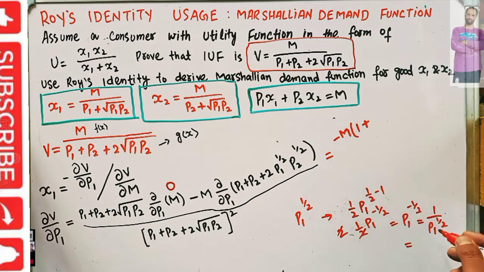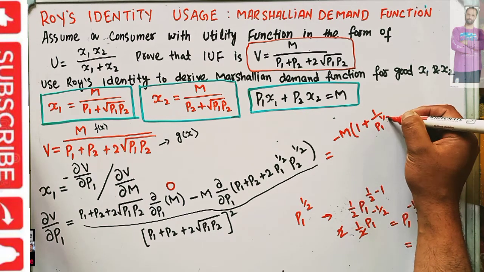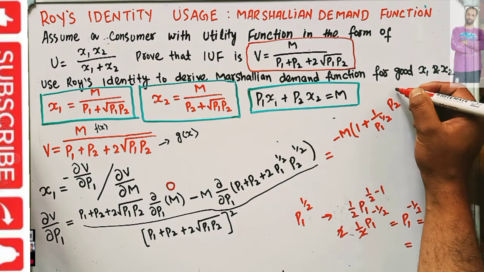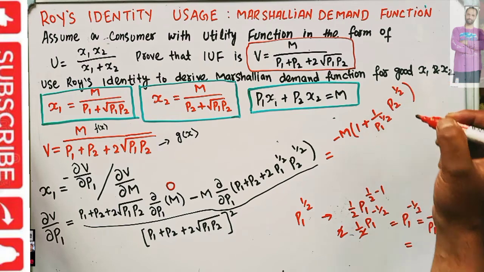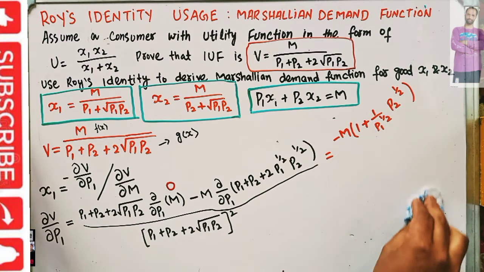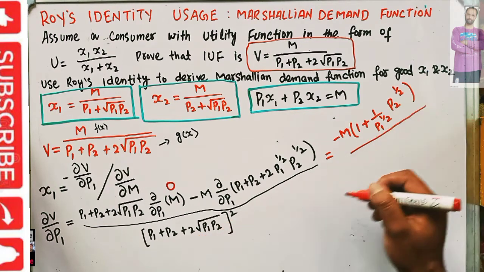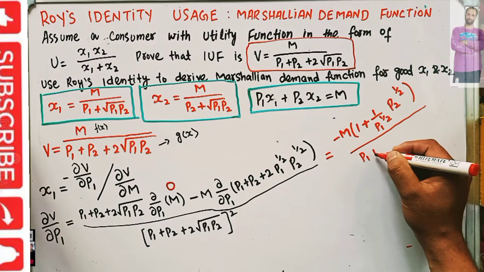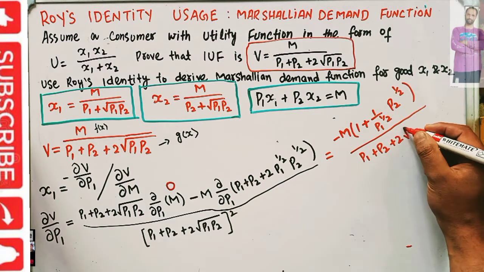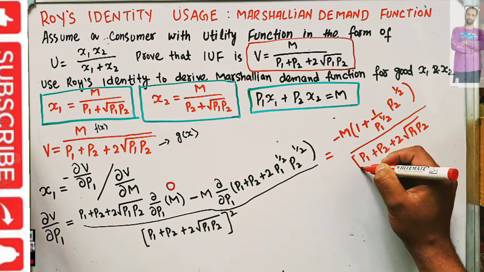We are left with this 1 upon p1 raised power 1 upon 2, and we have p2 as it is, raised power 1 upon 2. I hope I am making myself clear. Then we have this stuff, that is p1 plus p2 plus twice p1 p2 whole square.